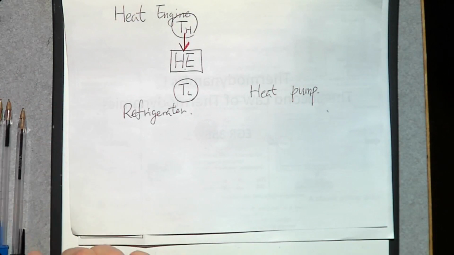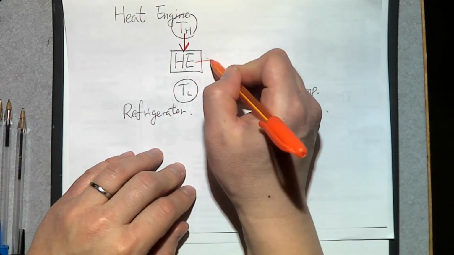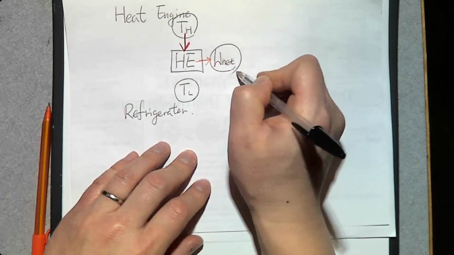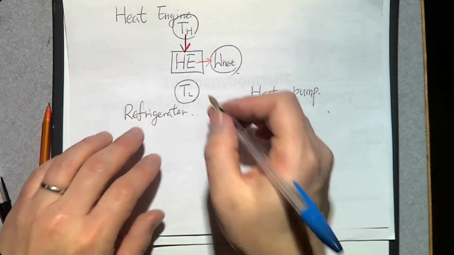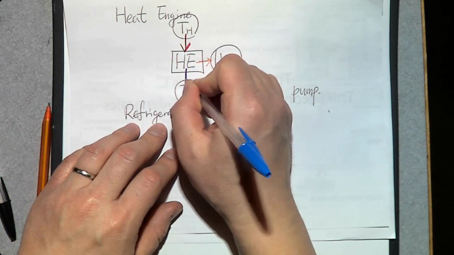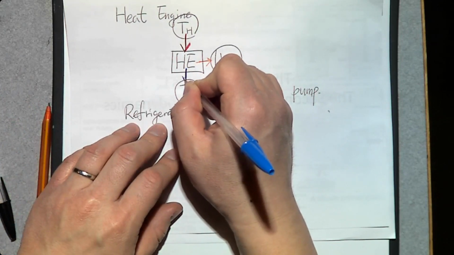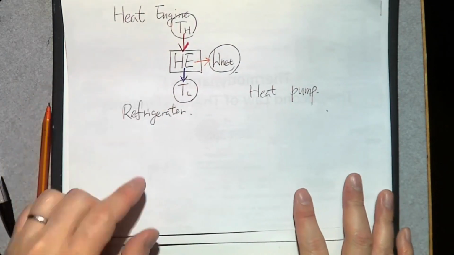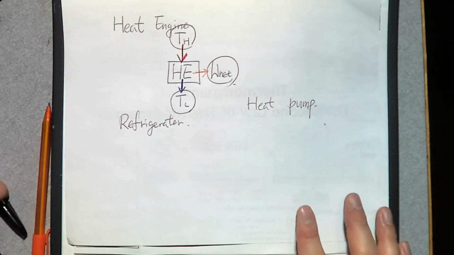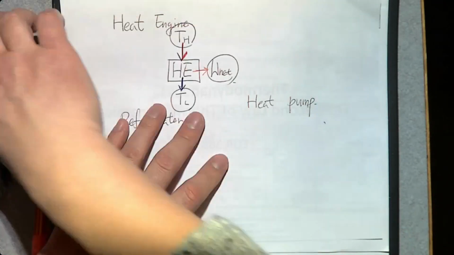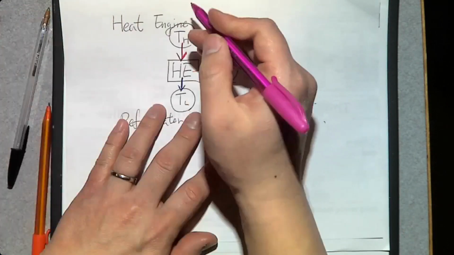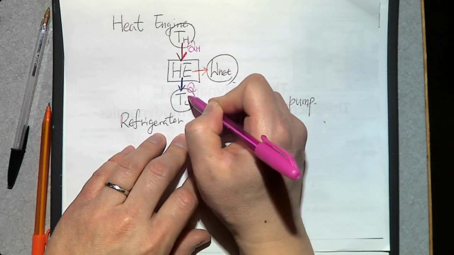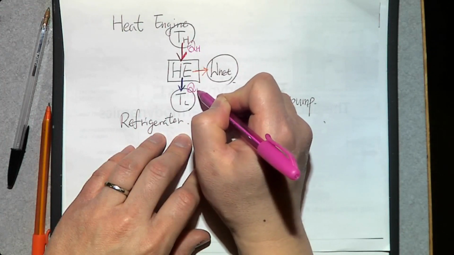So we can produce W net, and we have waste heat that should be removed, like we cool our engine by using coolant while we are driving. So this is how it works. The amount of heat transfer from the high temperature thermal energy reservoir is QH. The amount of heat that we reject into the low temperature thermal energy reservoir is QL.